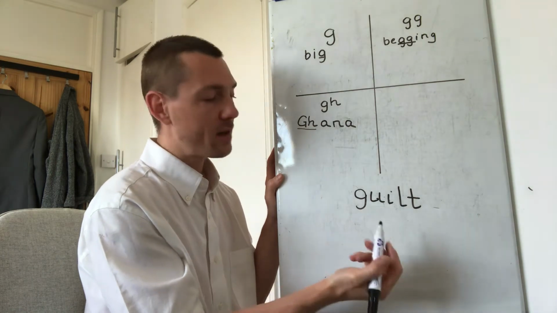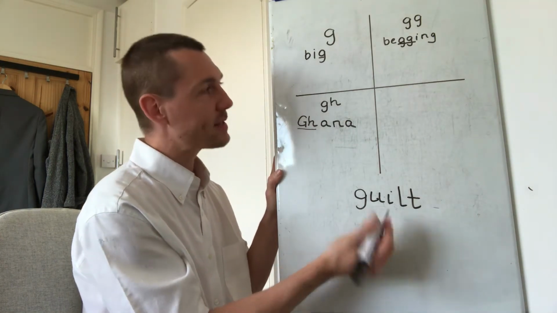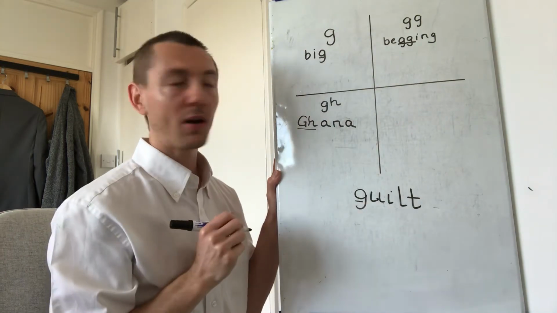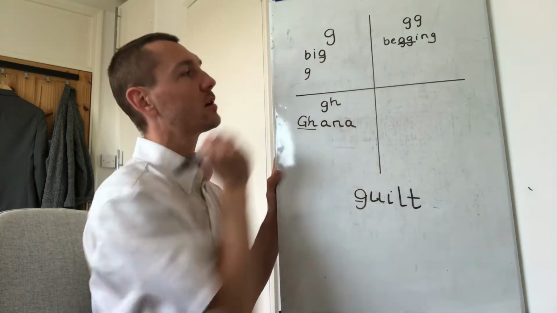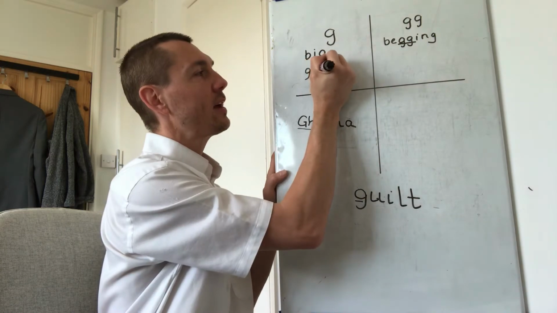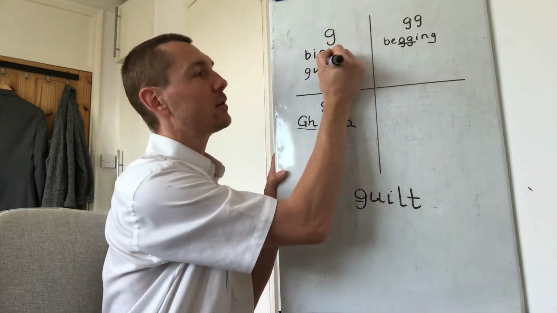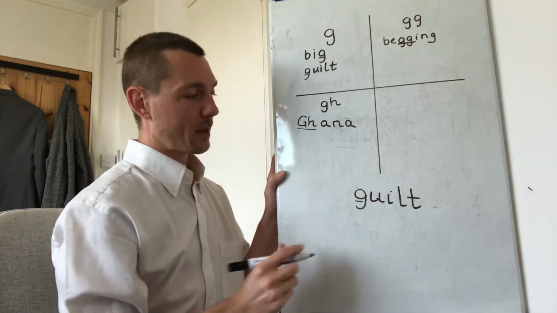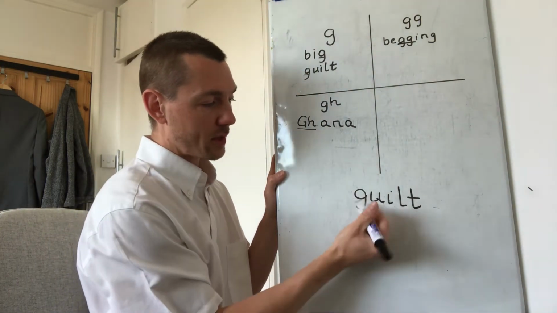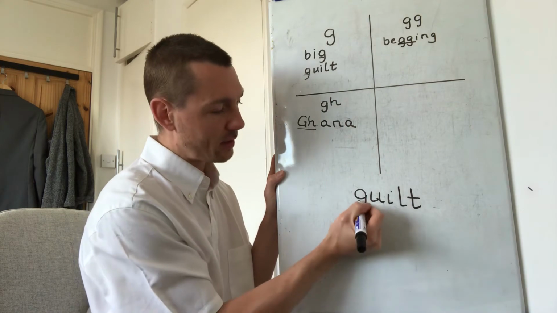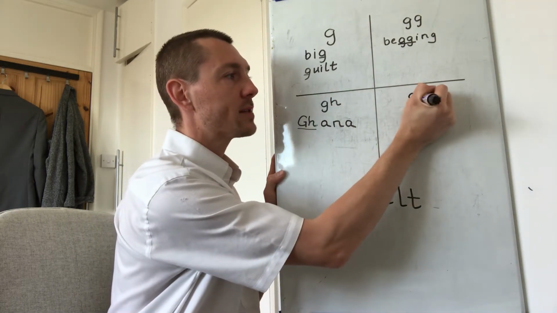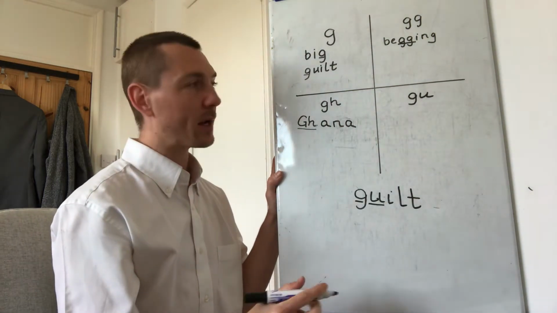So, either way, in fact, let's put it in both. So let's say, with just the G spelling of G, we can say G, I, L, T, guilt. And if we choose to include the U in the G spelling, G-U, we can still spell it using that spelling of the G sound.